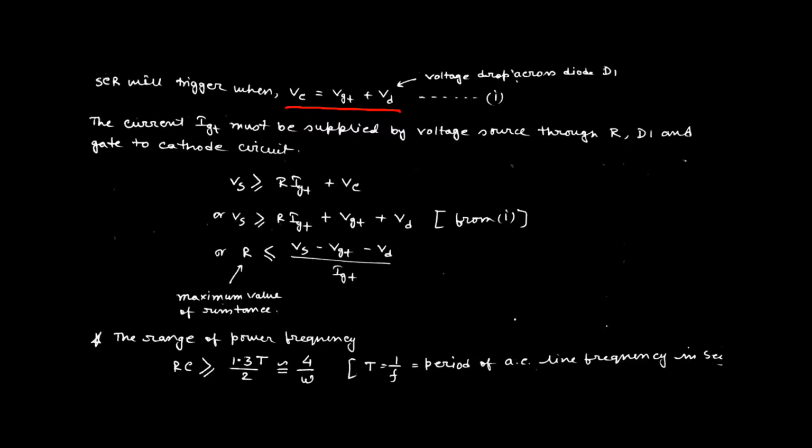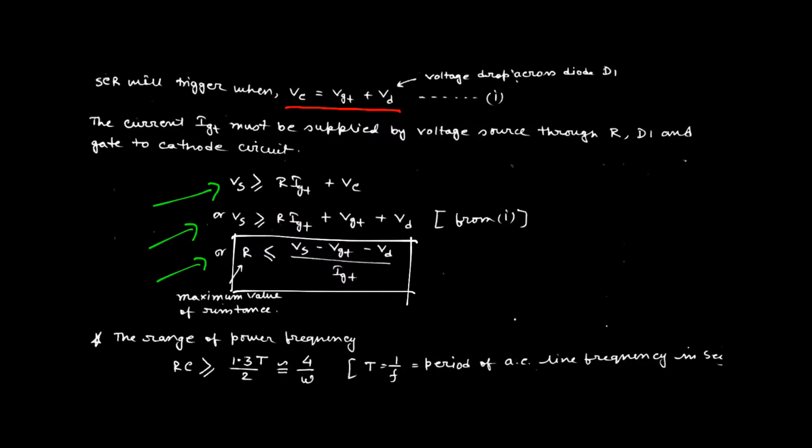Then we can rewrite the expression: Vs must be greater than R into IGT plus Vc, and after simplification, Vs is greater than or equal to R into IGT plus VGT plus Vd, where we have taken Vc equal to VGT plus Vd.